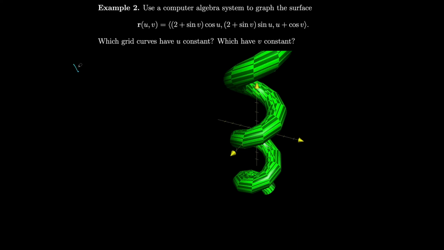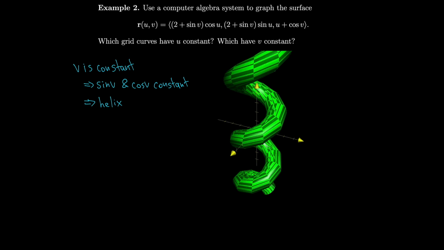So we could say that if v is constant, then that implies that sine of v and cosine of v are constant, which, as we've seen when we did parametric curves, is our helix.